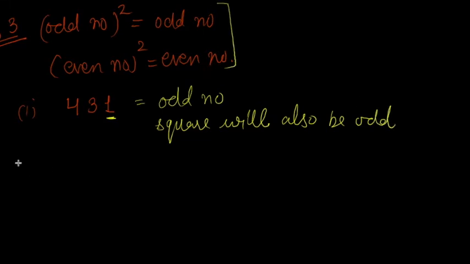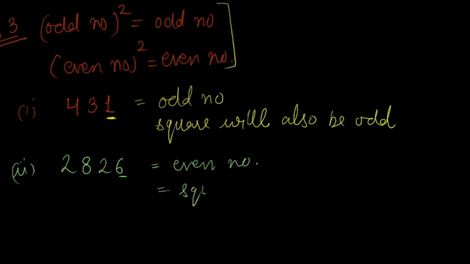That is very important, to give the reason for whatever you are explaining. Okay. The second part of the question is 2826. What is the unit place digit here? The unit place digit is 6, and 6 is an even number, right? Therefore its square will also be an even number. If the given number is an even number, its square will also be an even number.